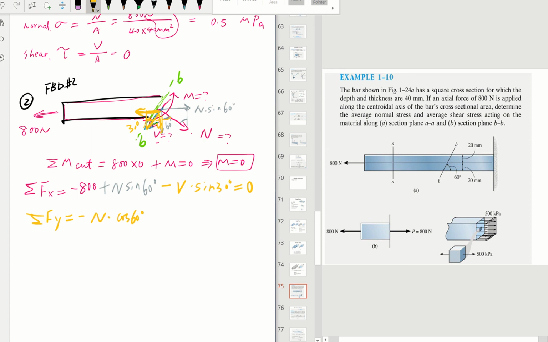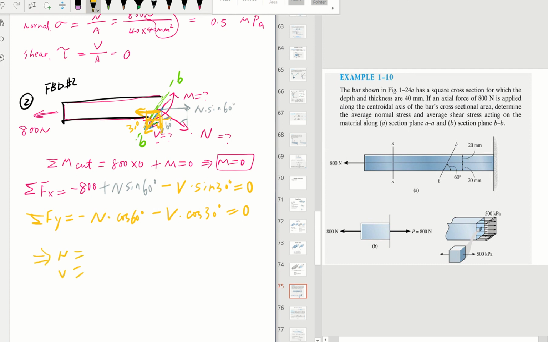Then we'll decompose this shear into its y component. Since this angle is 30, that'd be adjacent, so V times cosine 30 and minus, that equals 0. So we got those two equations, and then we can go ahead and solve for N and V in this system of equations.